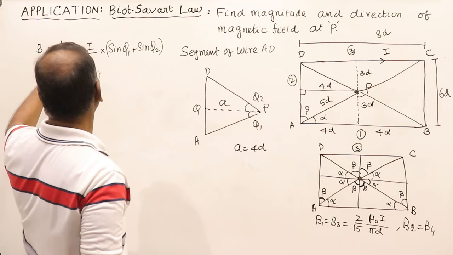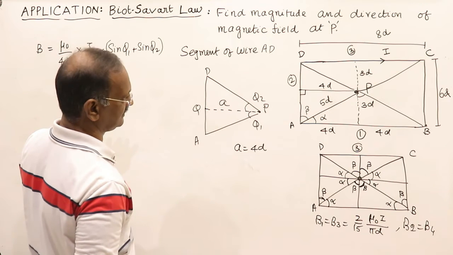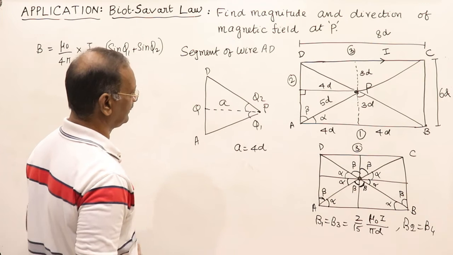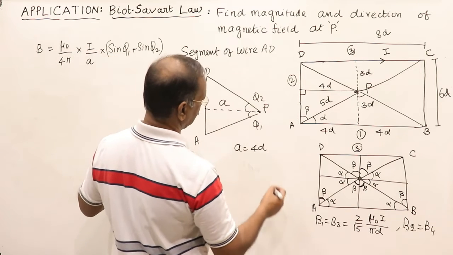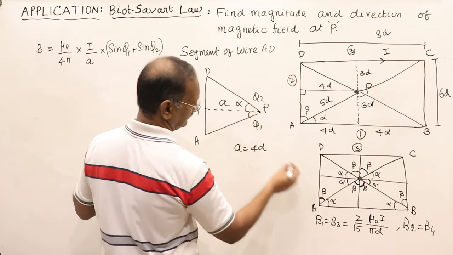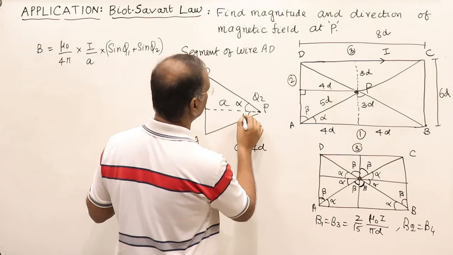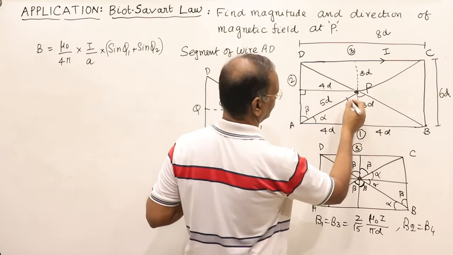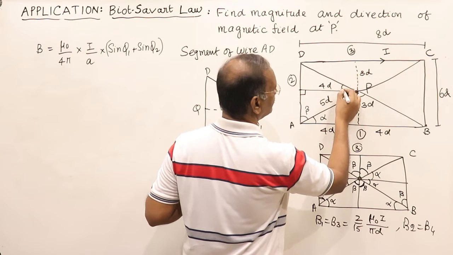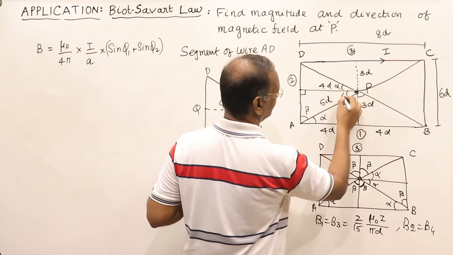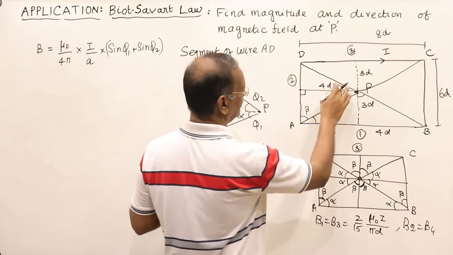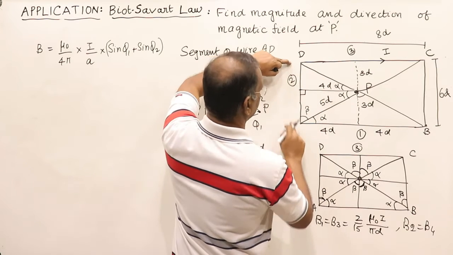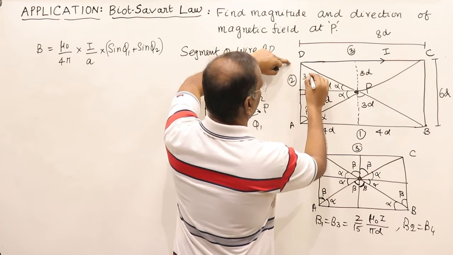We find out B, mu naught by 4 pi, I and sine of phi 1. What is phi 1? Phi 1 is this angle, alpha. This is alpha and this is alpha, both are the same. What is sin of alpha? This portion is total 6, which means half is 3D.